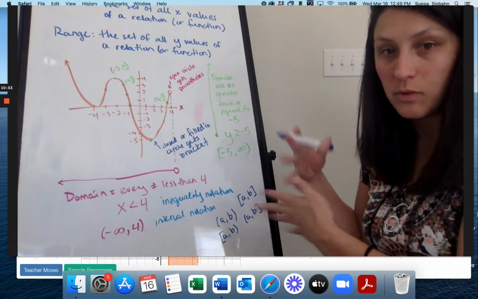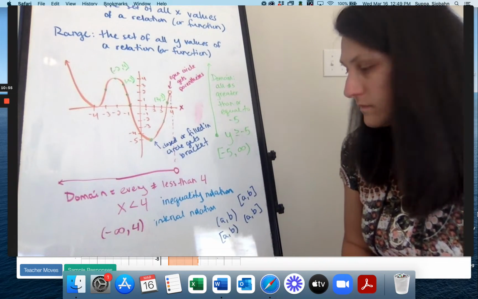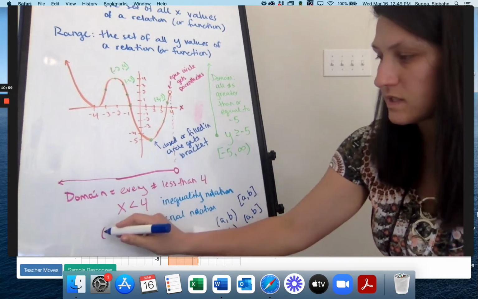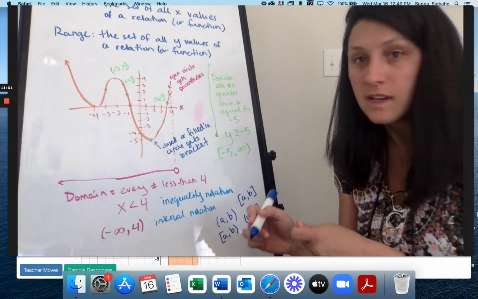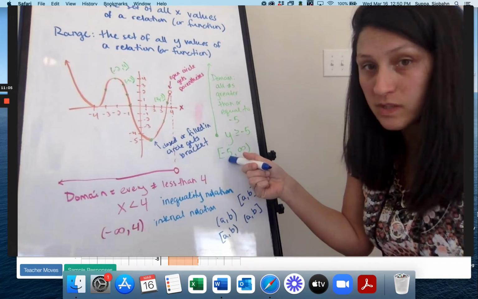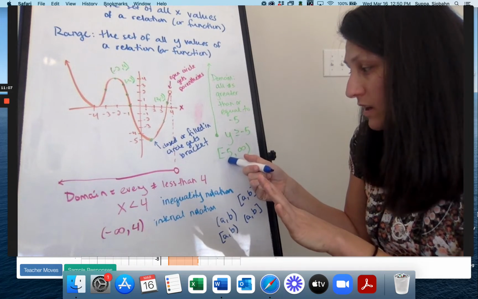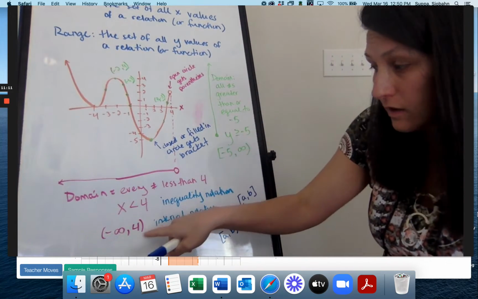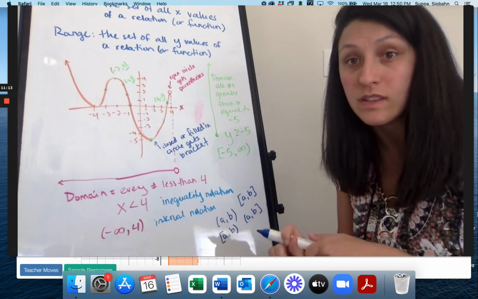So it could be any one of those cases. Don't feel like if you use a parenthesis, the other one has to be a parenthesis. It's thinking about what is this specific number, what's the lowest y value in the range, and is it included or is it not included, in which case it should have a parenthesis.